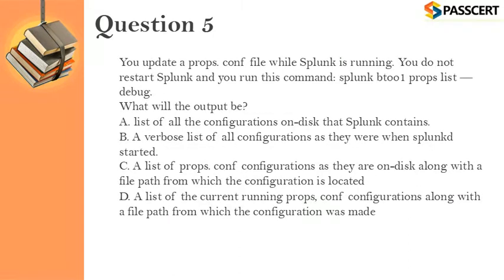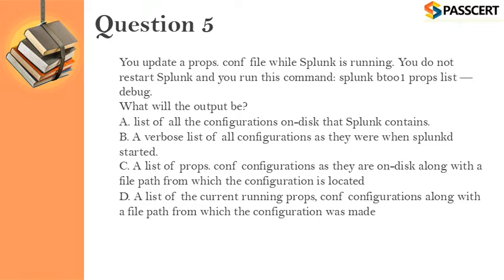Question 5. You update a props.conf file while Splunk is running. You do not restart Splunk and you run this command: splunk btool props list --debug. What will the output be? A. List of all the configurations on disk that Splunk contains.